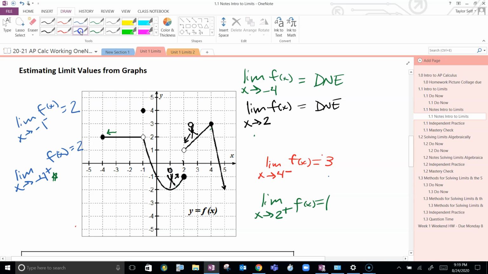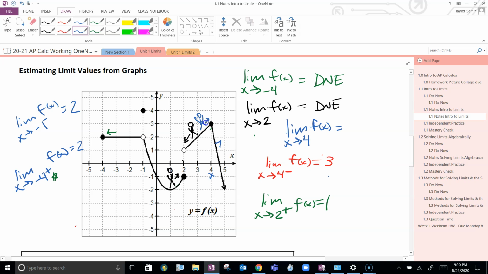All right, we'll do one more before moving on. Let's do the general limit as x approaches 4 of f of x. Okay, the limit as x approaches 4, we're going to put ourselves on the line. For the general limit, we have to put ourselves on the line from both directions, coming towards the x value of 4.